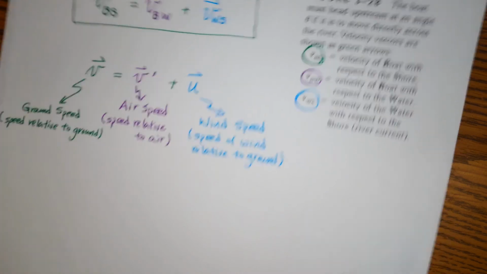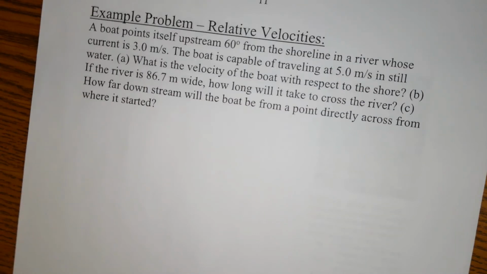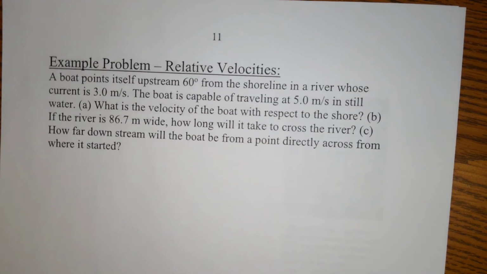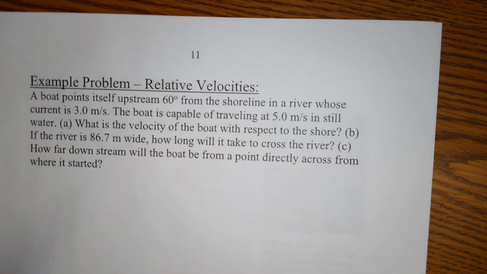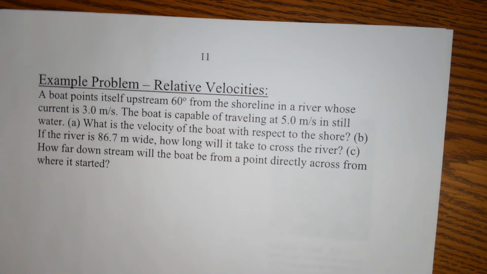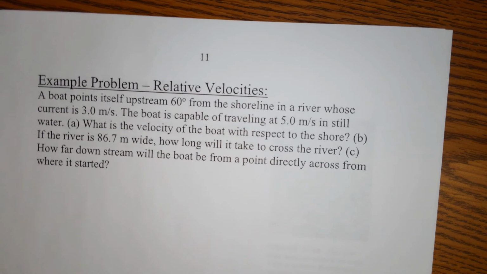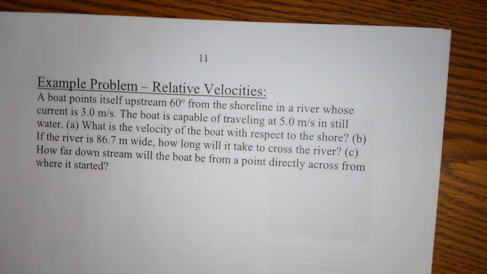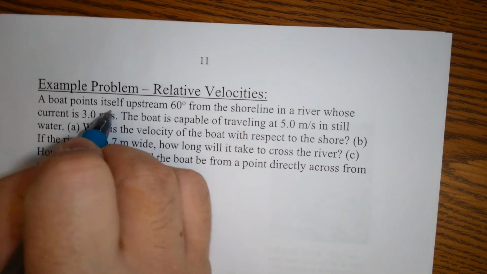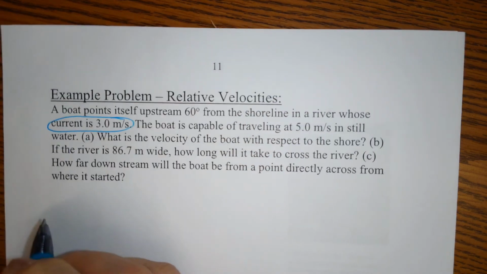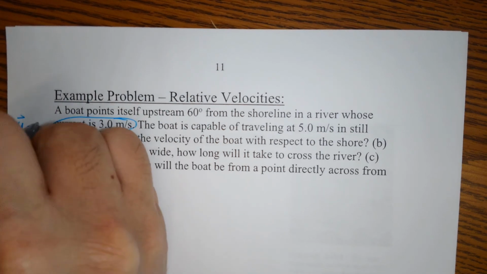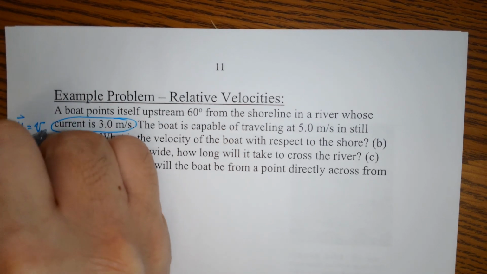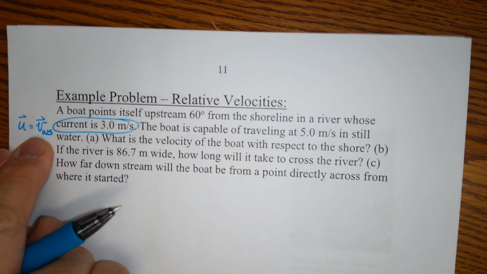All right, so let's take a look at an example problem here. Okay, so here a boat points itself upstream 60 degrees from the shoreline, in a river whose current is 3 meters per second. So here, the river current is 3 meters per second. So that's U, otherwise known as VWS, velocity of water with respect to shore.